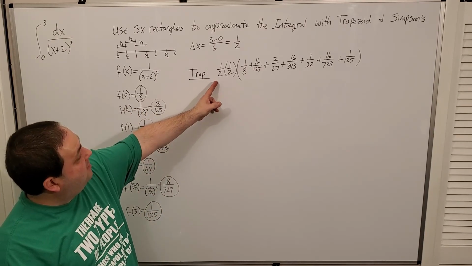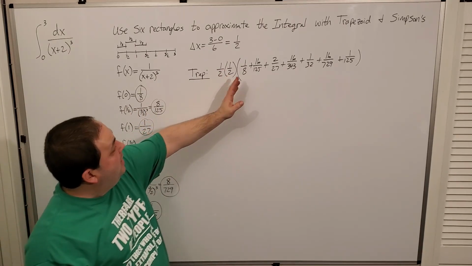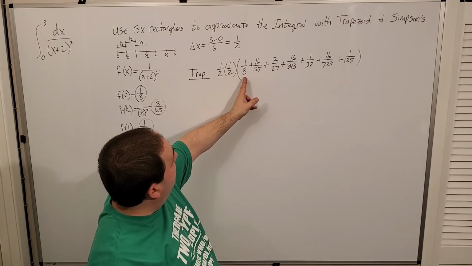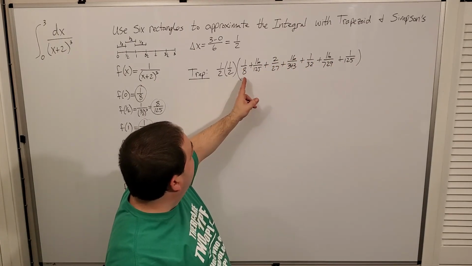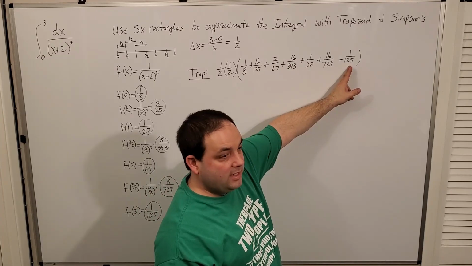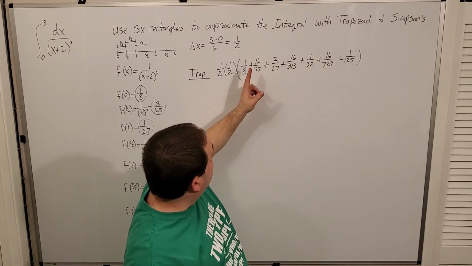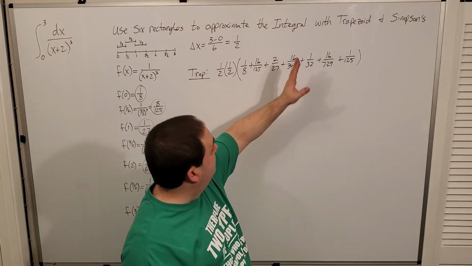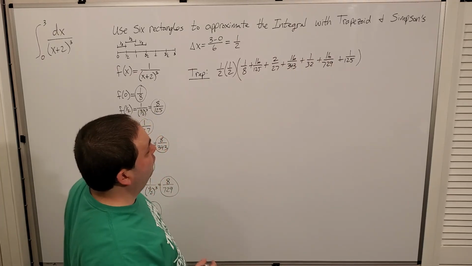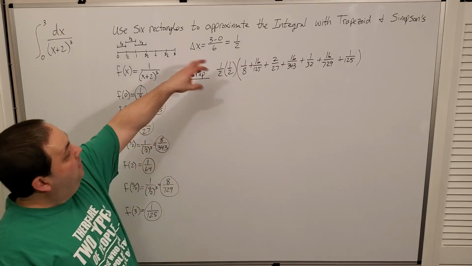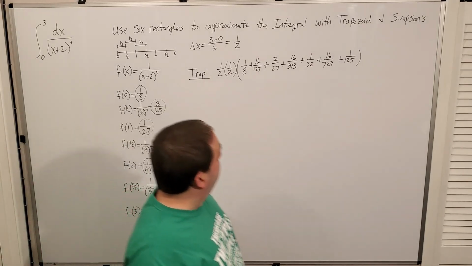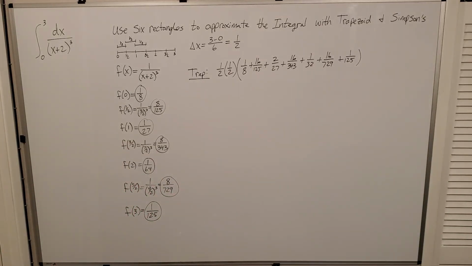I have delta x divided by 2, and then I do one of each of the endpoints, right? So that's f of 0 and f of 3 in this case, f of a and f of b. But then 2 times this one, 2 times that one, 2 times that one, 2 times, and that's how the trapezoid rule works. Okay? Now, when you crunch this one up, I saved us some time a little bit.